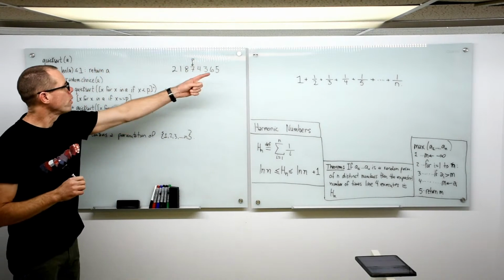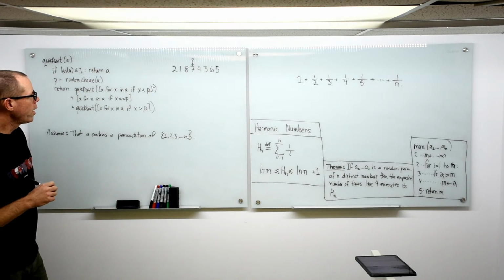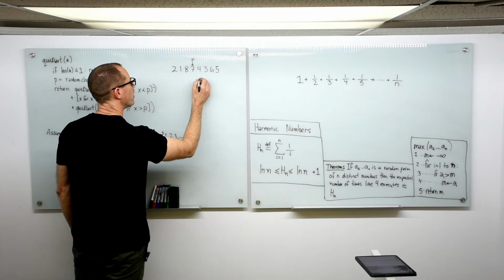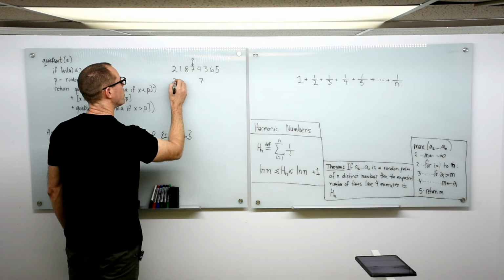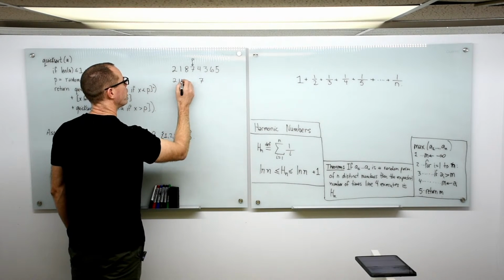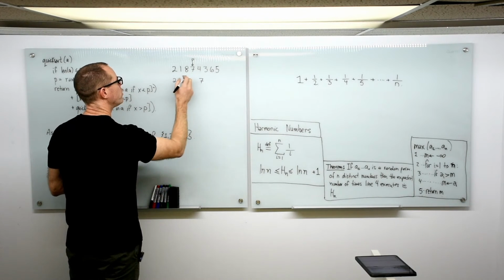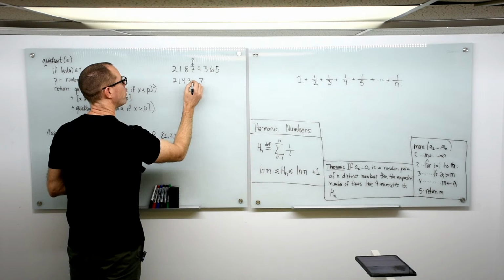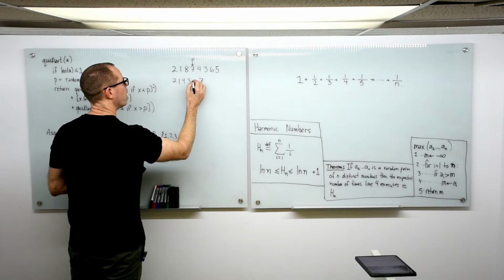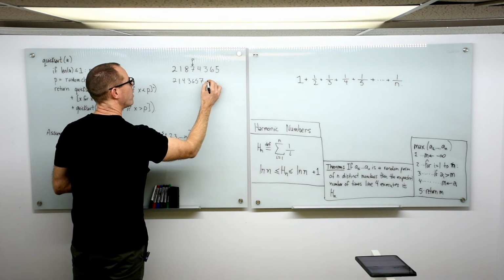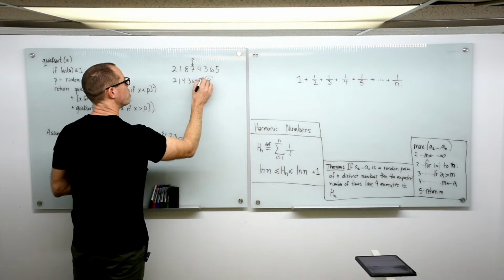Maybe we made a random choice and we happen to get 7. And we partition into the stuff that is smaller than 7. So that has a 2, a 1, a 3. Let's keep it in order so we don't mess it up. 2, 1, 4, 3, 6, 5, and the stuff bigger than 7, which is just 8.